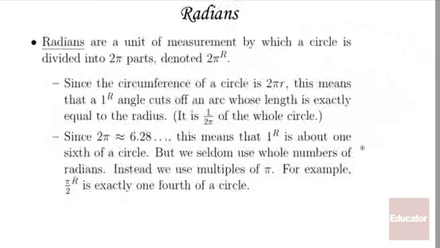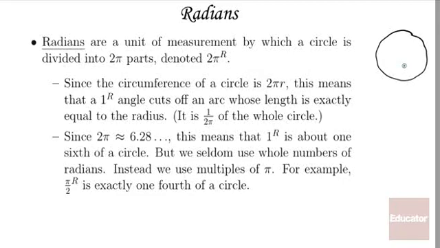The second unit of measurement we're going to use to measure angles is called radians, and that's a little bit more complicated. You probably haven't learned about these until you start to study trigonometry. But the idea is that you take a circle, and remember that the circumference of a circle is equal to 2 pi times the radius.